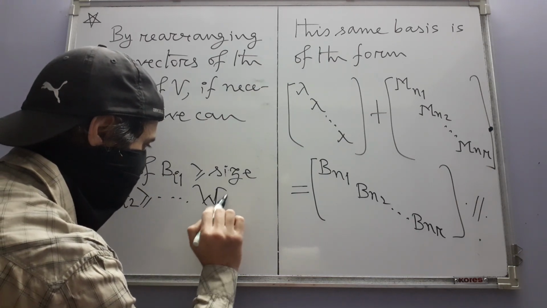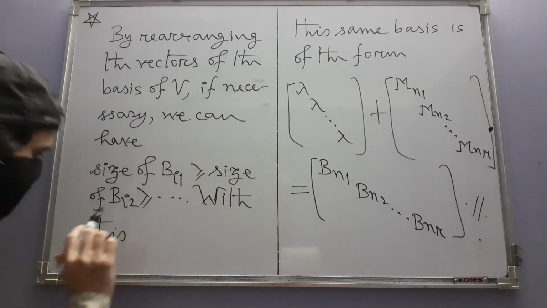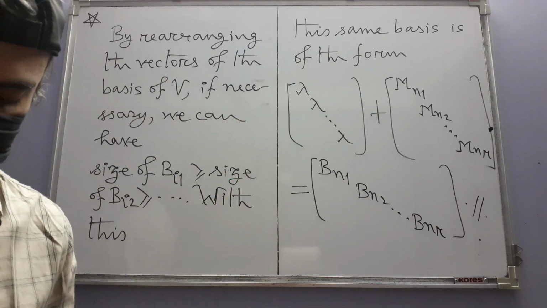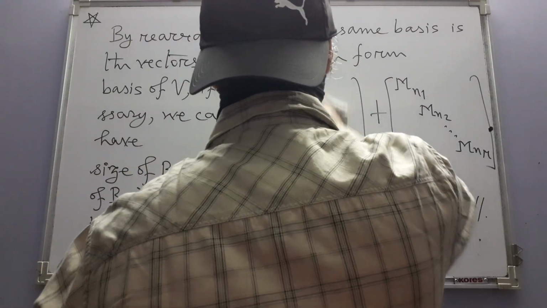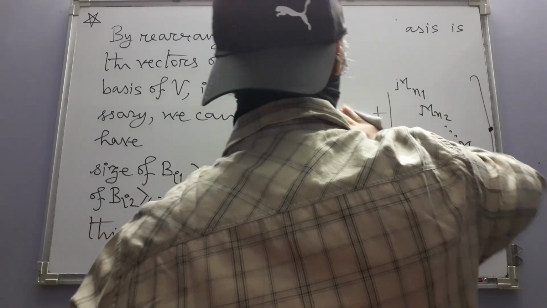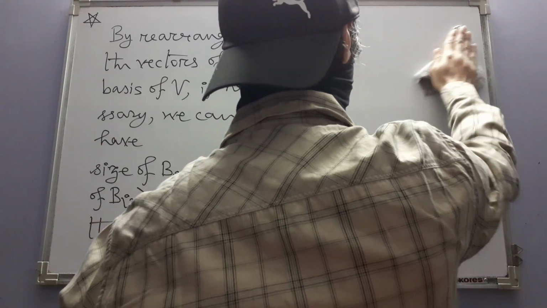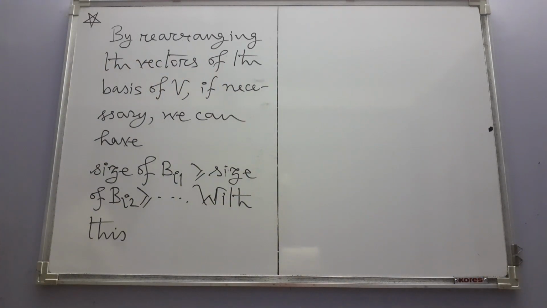With this, the final matrix of T, which has those Ji's, has a name. It's called the Jordan form of T. We specify this order to make that matrix unique.